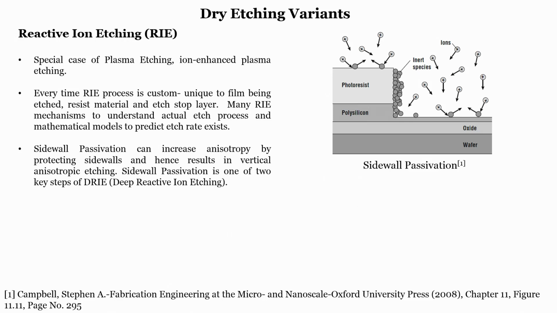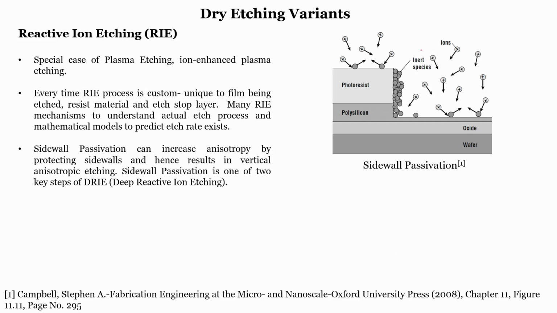So, either you want to etch the resist material or the film or the silicon. This RIE has a customized process. Many RIE mechanisms to understand the actual etch process and mathematical models to predict etch rates exist. Side wall passivation increases anisotropy by protecting side walls.